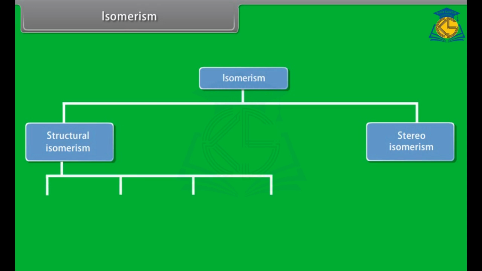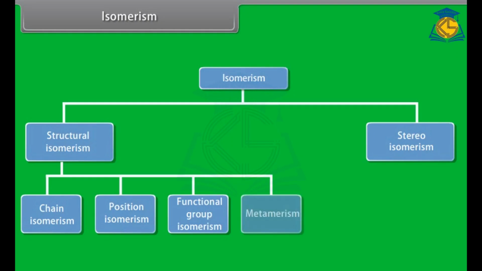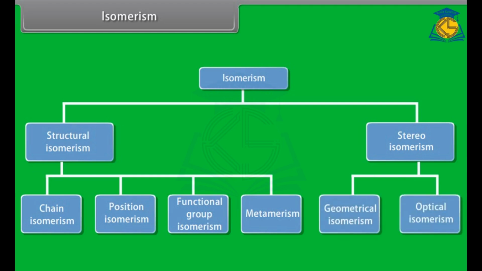Structural isomerism can be subdivided into chain isomerism, position isomerism, functional group isomerism, metamerism. Stereoisomerism further categorized into geometrical and optical isomerism.